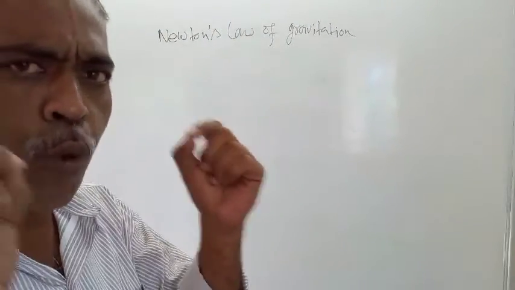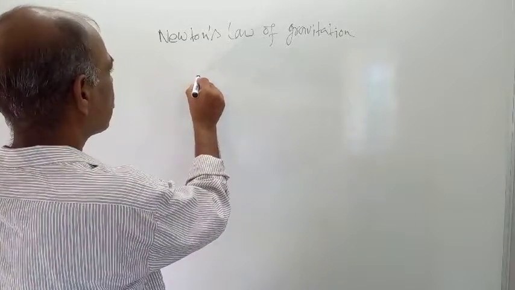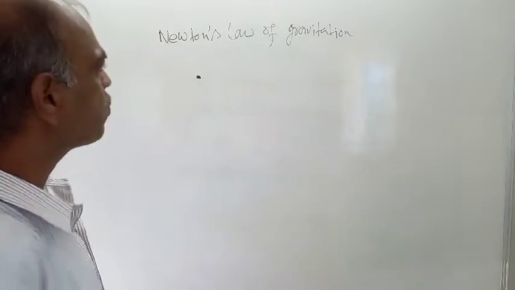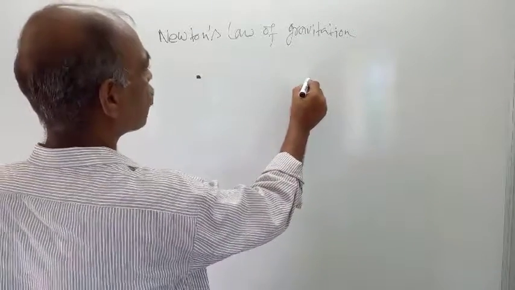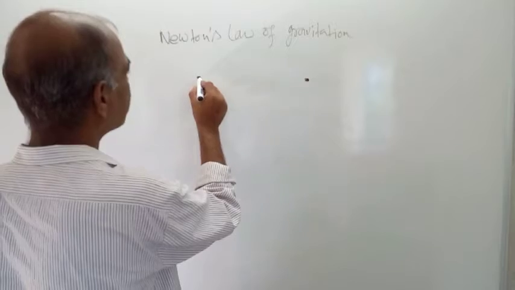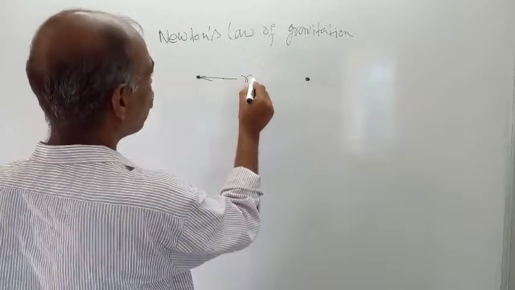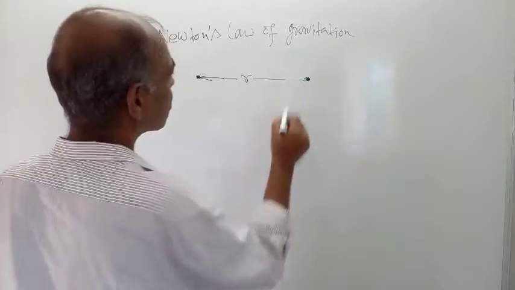Say there are 2 point masses. This is one point mass, and this is another point mass, and they are separated by a distance small r from each other.